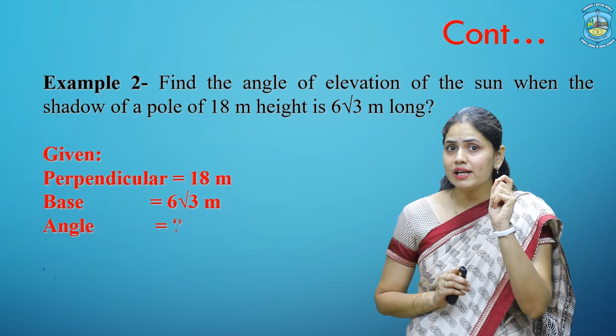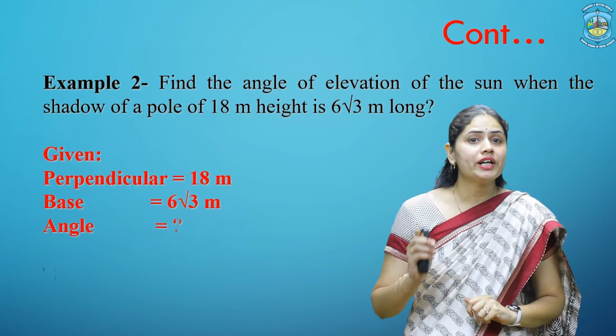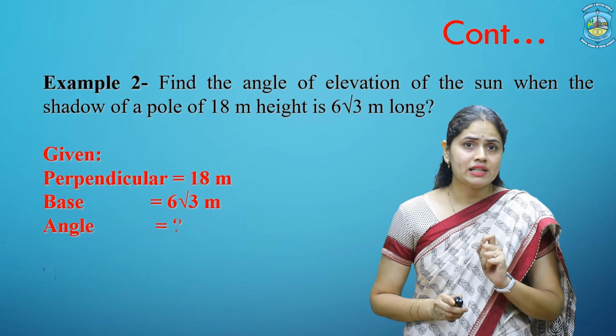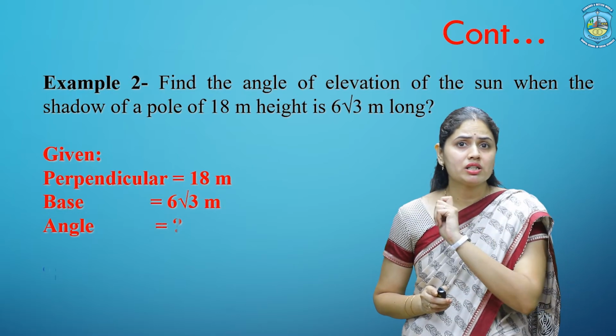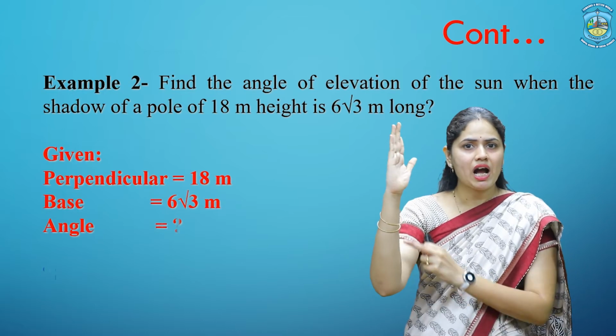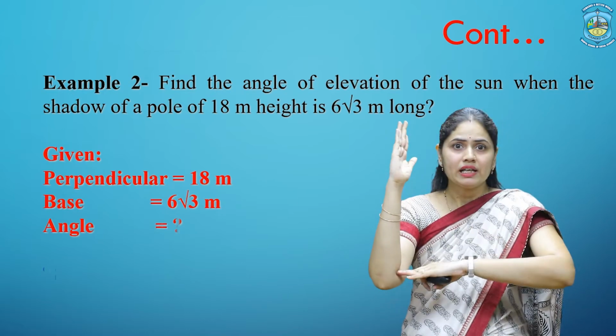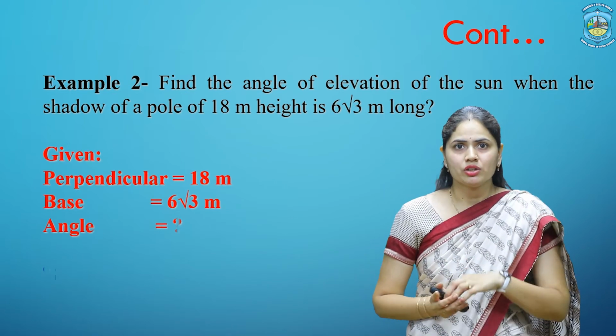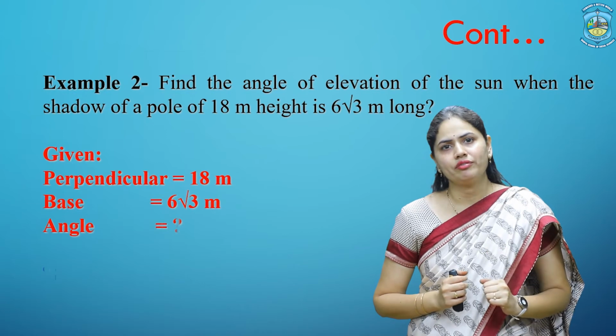Here the angle is missing. This is the pole which has a height of 18 meter. Its shadow is 6 root 3 meter long. So we need to find the angle of elevation.